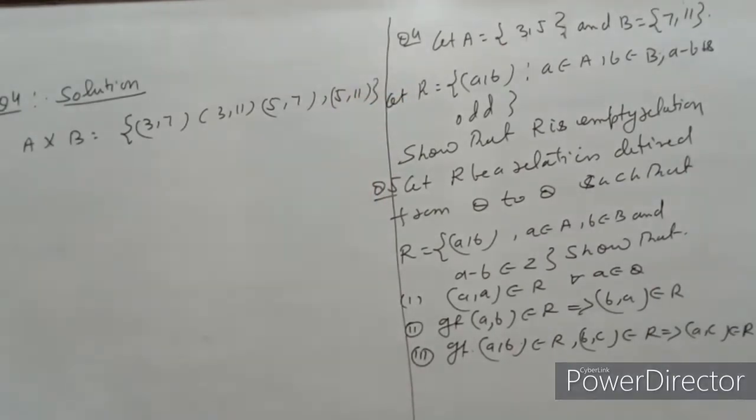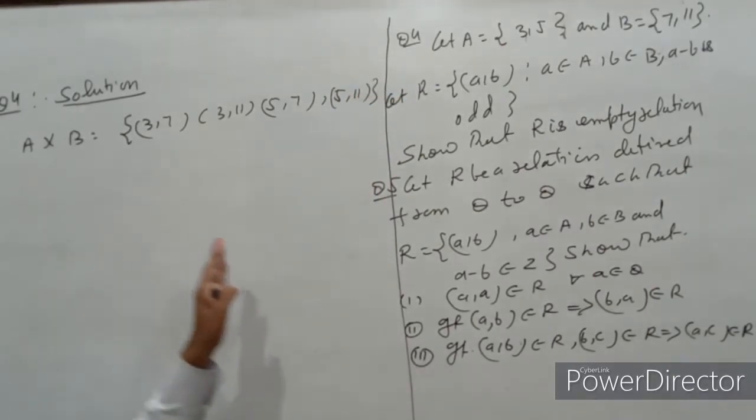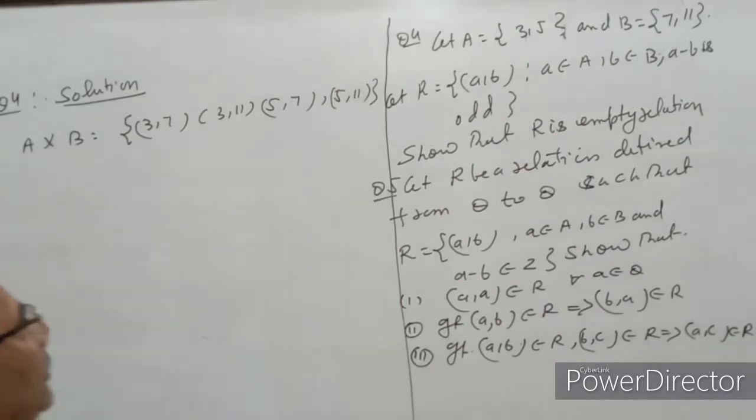This is the whole Cartesian product. We know that a relation is a subset of the Cartesian product.